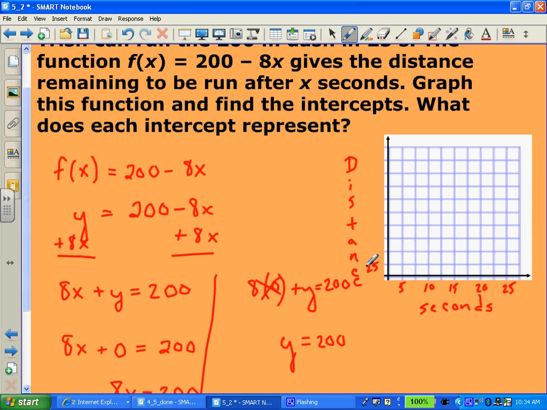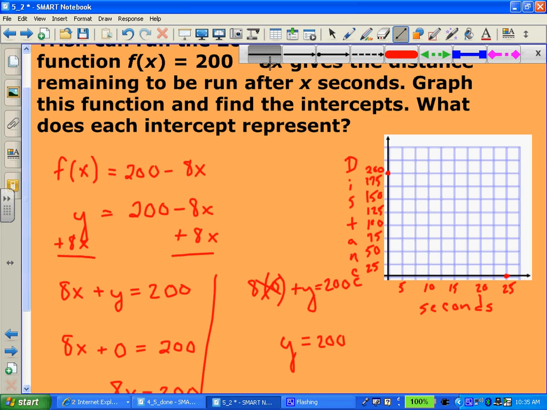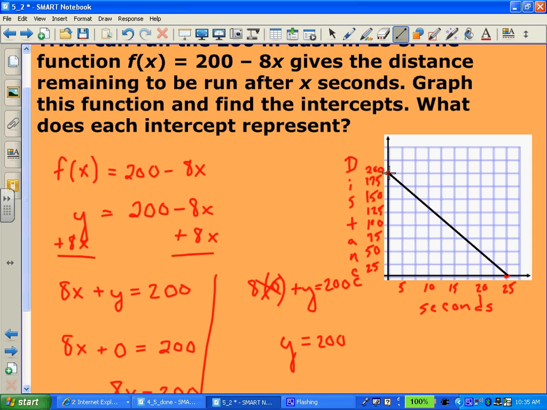And I got to get up to 200 on my y-axis, so let's count by 25s. Okay, so then I'm going to plot my intercepts. My x-intercept was 25. My y-intercept was 200. And then I'm just going to draw a line between those 2 points, and that's my graph.